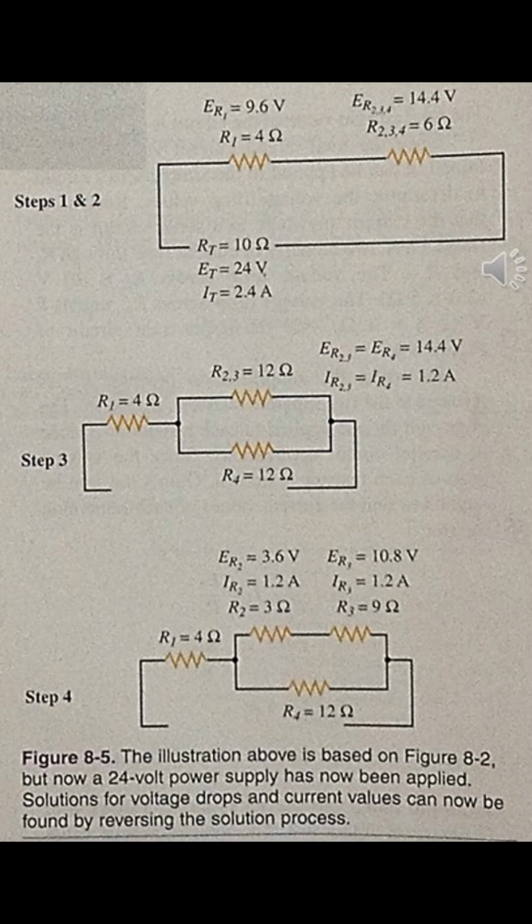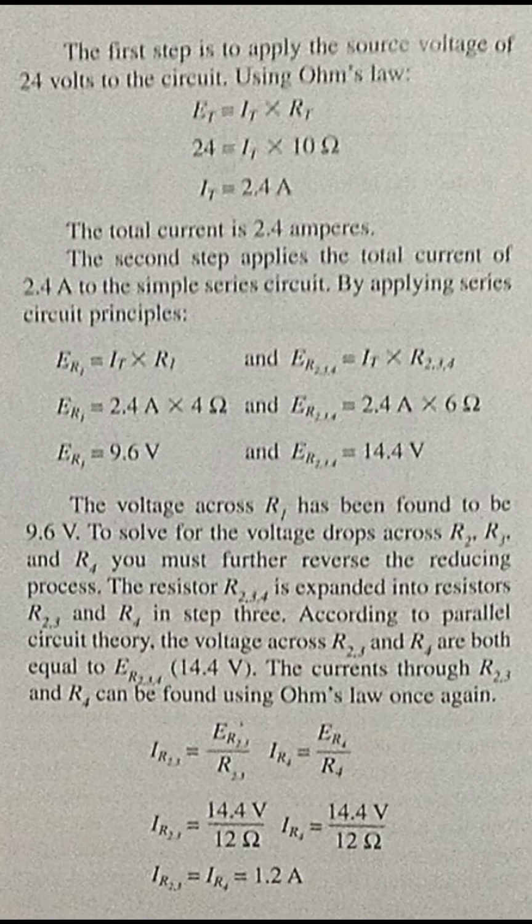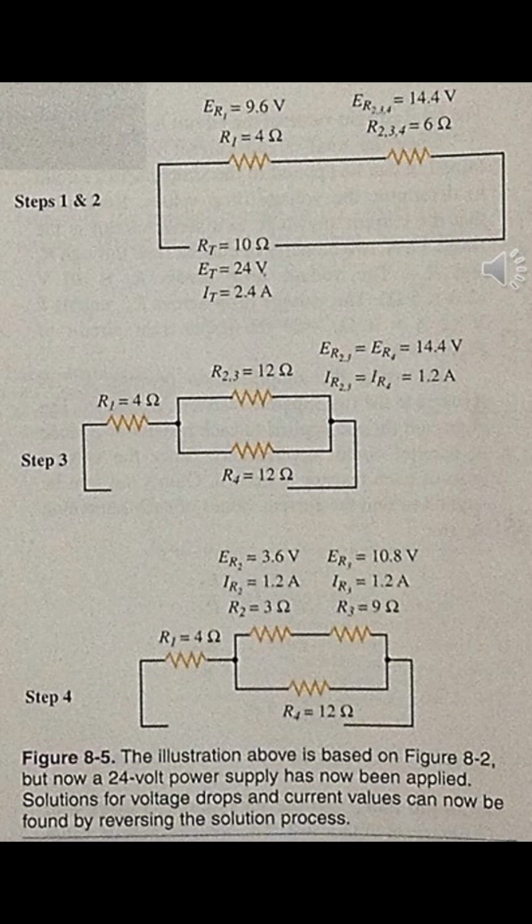So the voltage drop at R1 equals 2.4 amps times 4 ohms, and the voltage drop at R234 equals 2.4 amps times 6 ohms. So the voltage drop at R1 equals 9.6 volts, and the voltage drop at R234 equals 14.4 volts. The voltage drop across R1 has been found to be 9.6 volts.